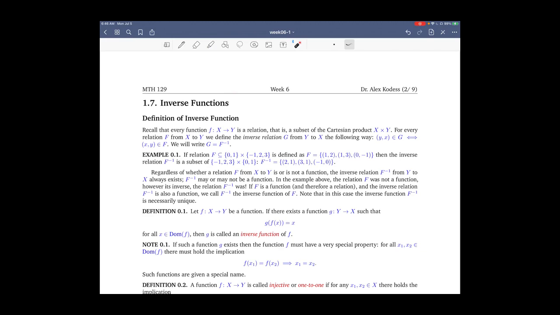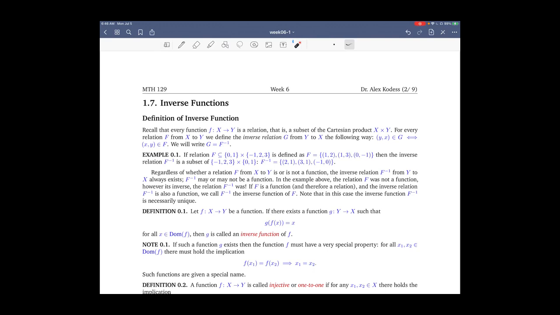For every relation from a set X to a set Y, we can define the inverse relation. It will be from the set Y to set X. The definition is very simple. Whenever relation F contains an ordered pair (x, y), its inverse relation G will contain the pair (y, x).